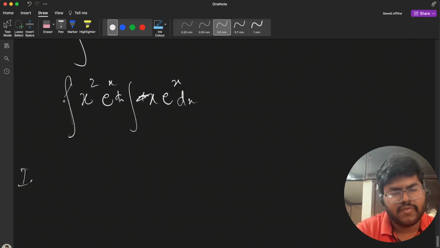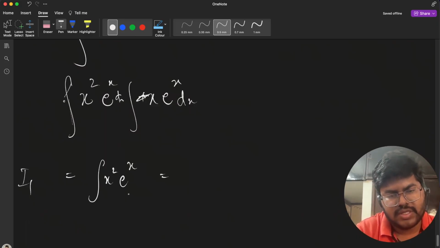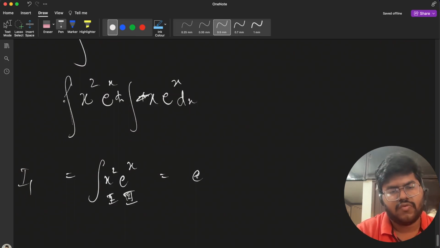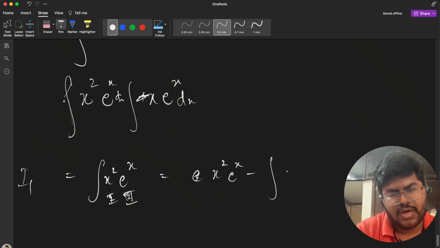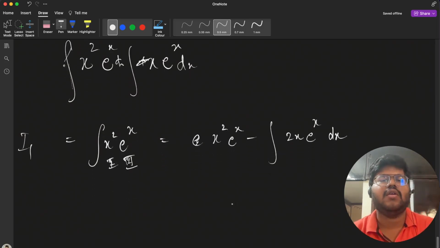So first let us solve I1, x square e raised to x. This is the first function and this is the second function. So the first function remains the same, second function integration, minus integration of differentiation of first function into integration of second function dx, right?